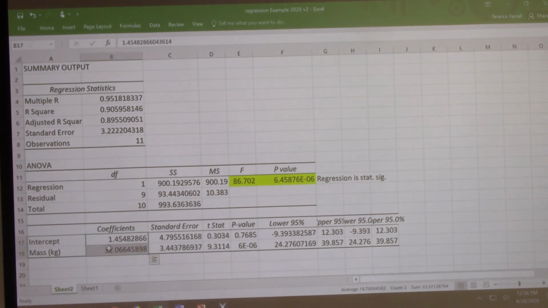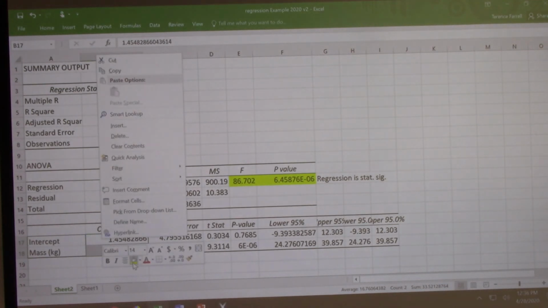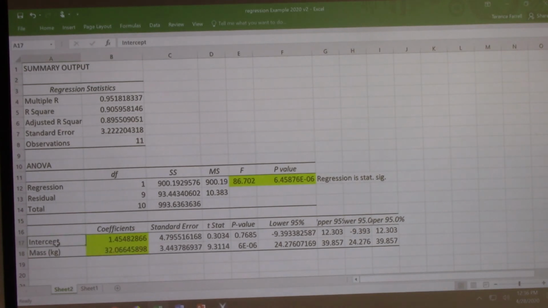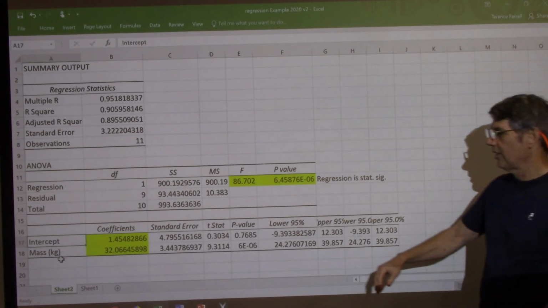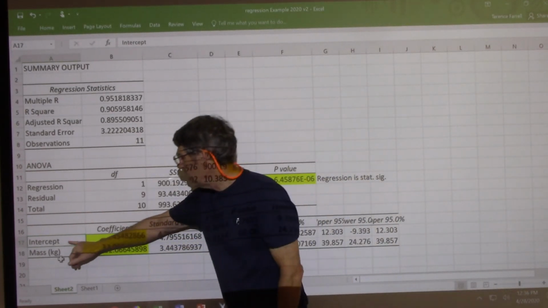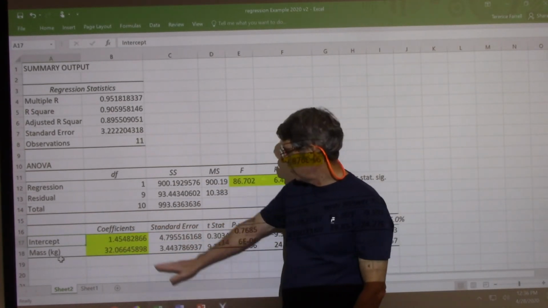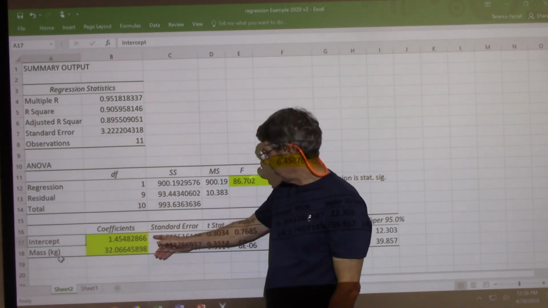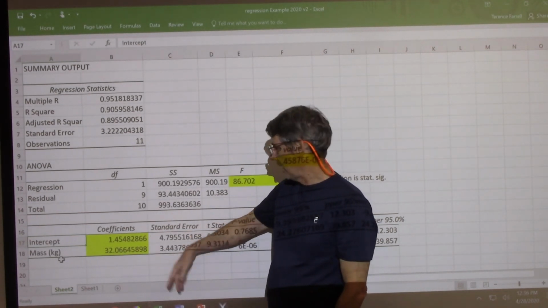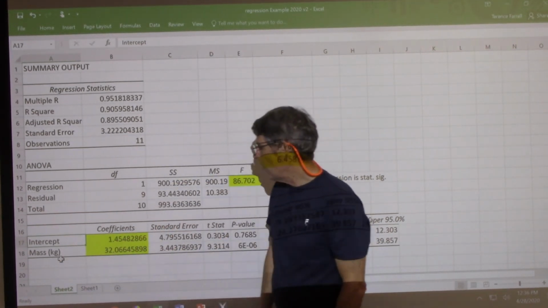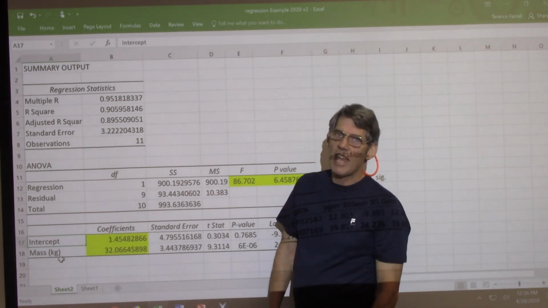Down here, these two numbers are also interesting, and you've seen them before. I'm going to highlight them. It's kind of weird. These are coefficients, and it gives them weird names. Excel likes to give things weird names. The intercept coefficient is just the y-intercept. It doesn't give you units, but the units are eggs. The mass coefficient, well, mass is x.